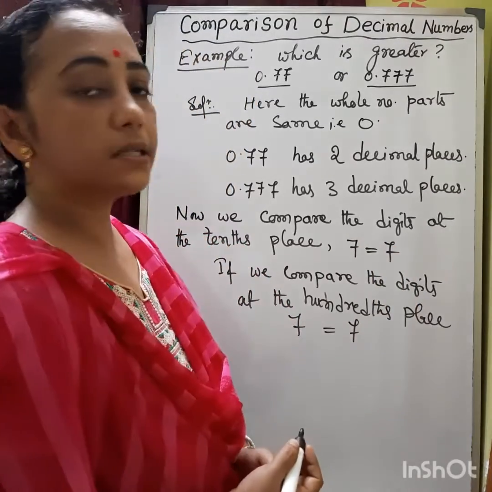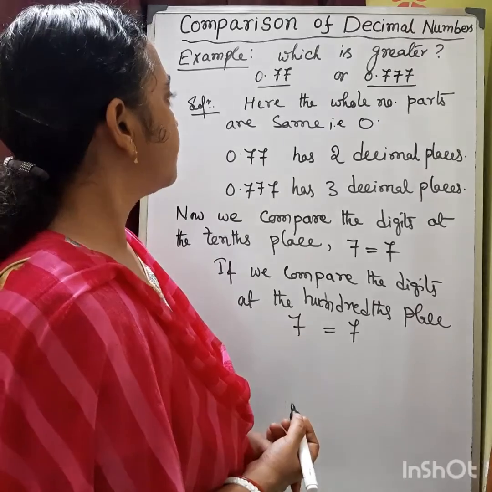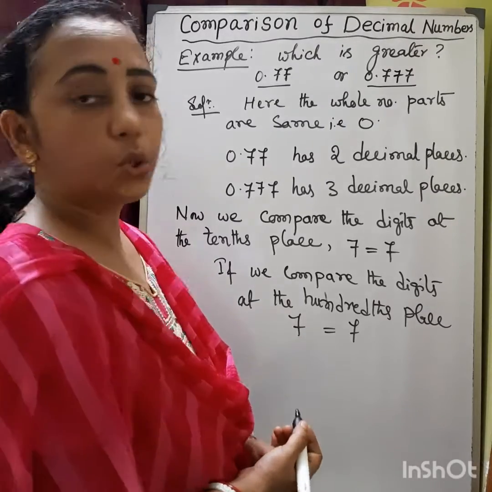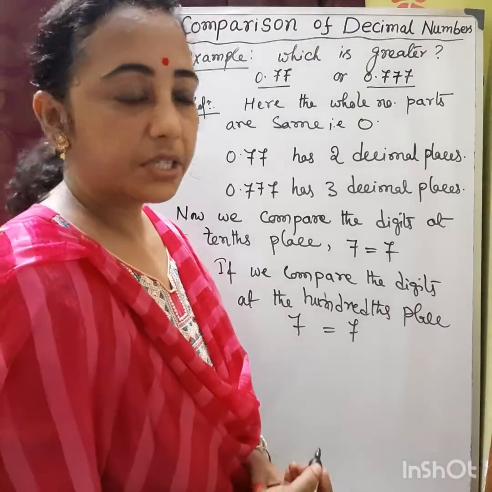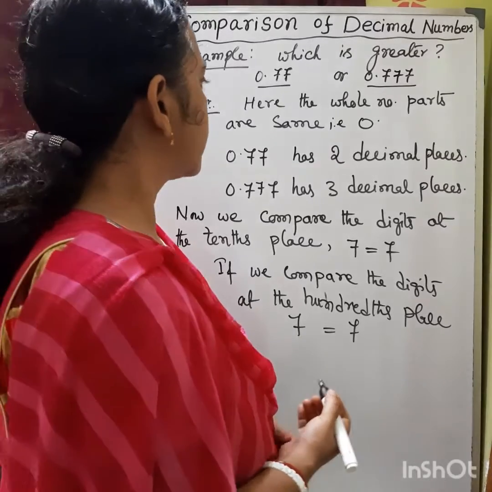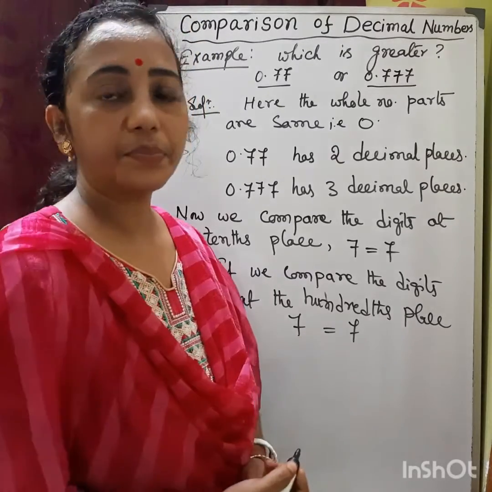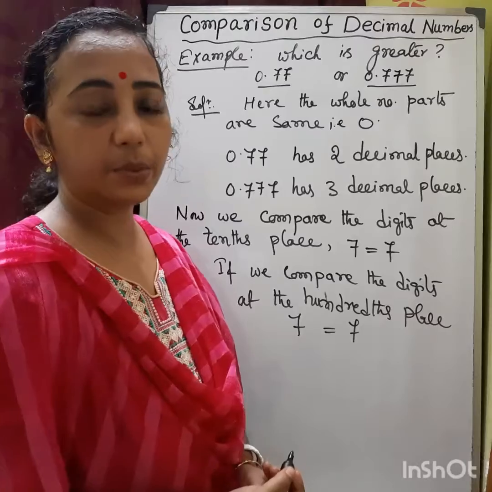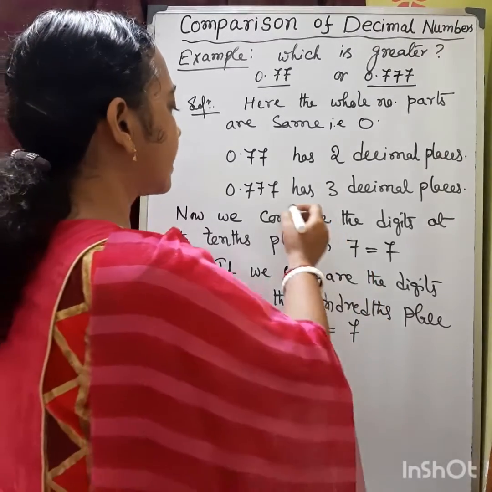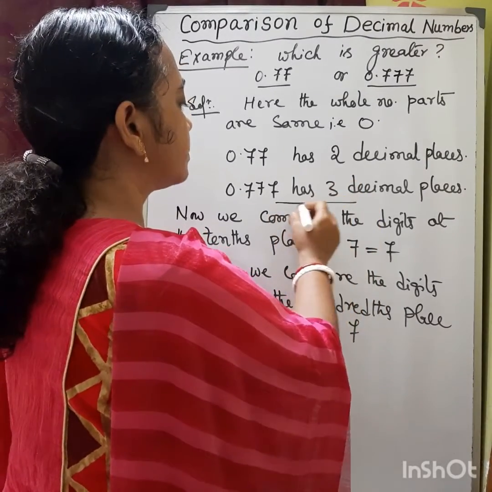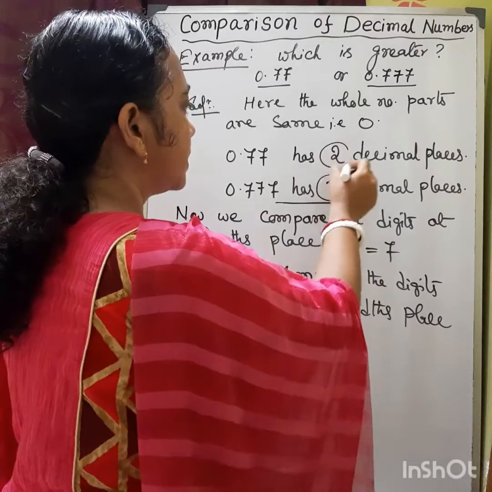So in both the cases these digits are equal, but in the first case there is no digit left because it has 2 decimal places. In the second case the number of decimal places is more than the first case.